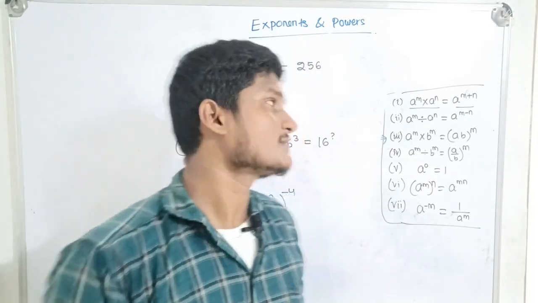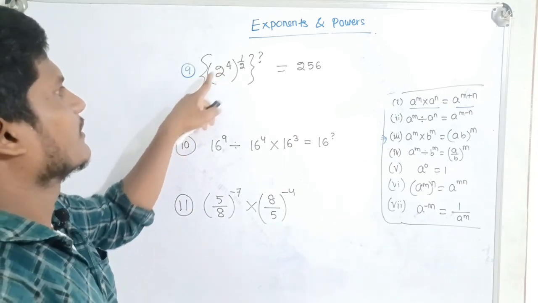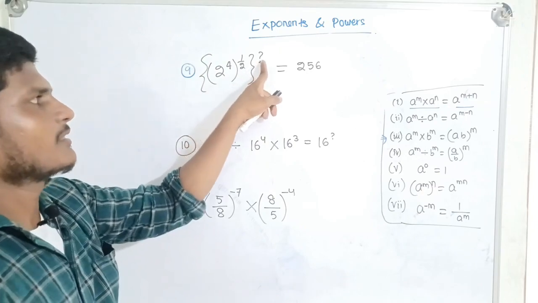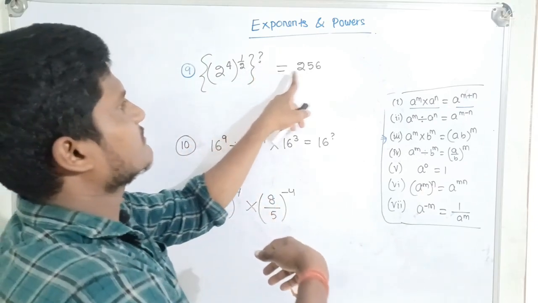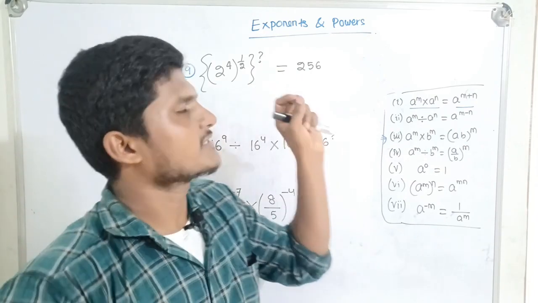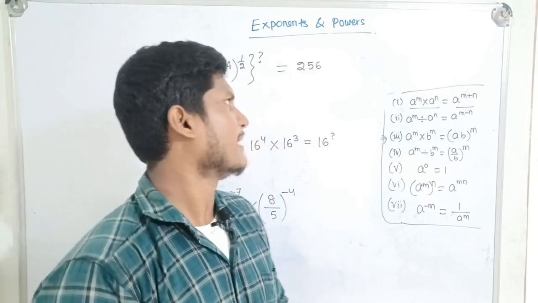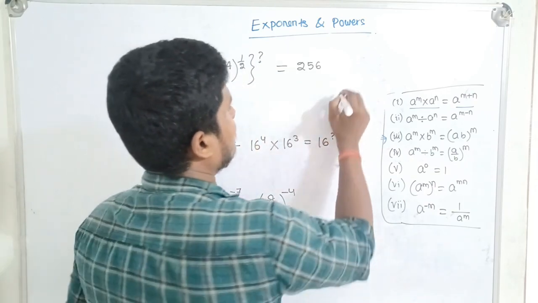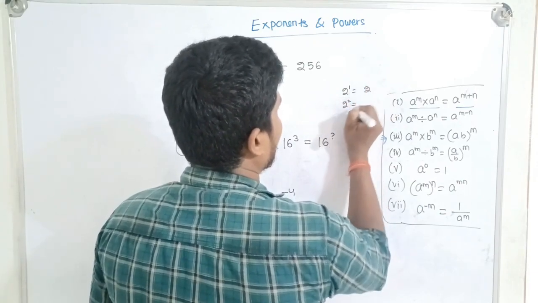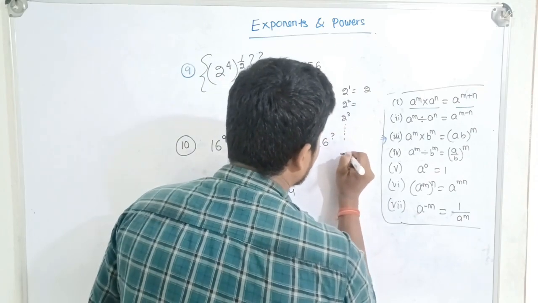Now my dear students, look at this: 2 to the power 4, all to the power 1 by 2, and in the curly bracket outside, which number gives us 256? First of all, in the exponents and powers chapter, we must keep in mind the powers of 2: 2 to the power 1, 2 to the power 2, 2 to the power 3, up to 2 to the power 10.